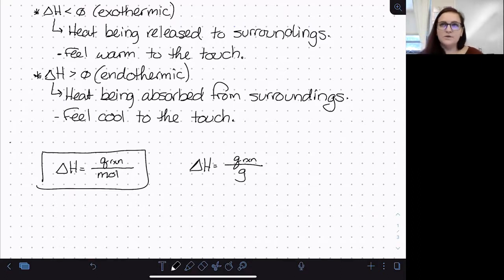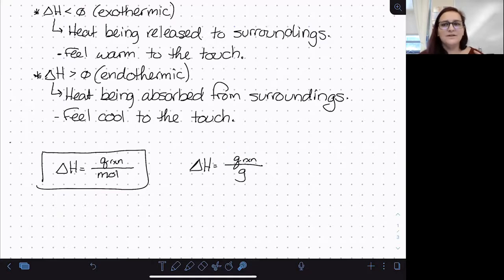Less common, usually only use heat per mass when the thing that we're reacting is kind of a mixture of substances. So you'll often see heat per gram given for combustion of oils or fuels that are really a mixture of different compounds, or for the energy content of foods.